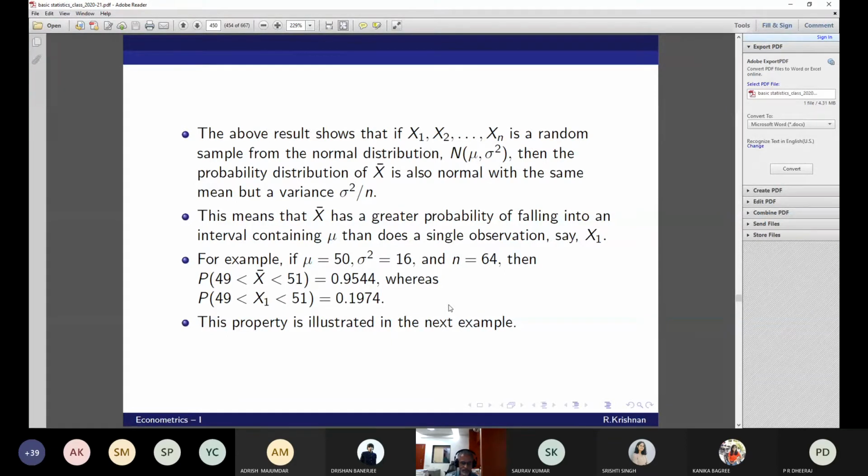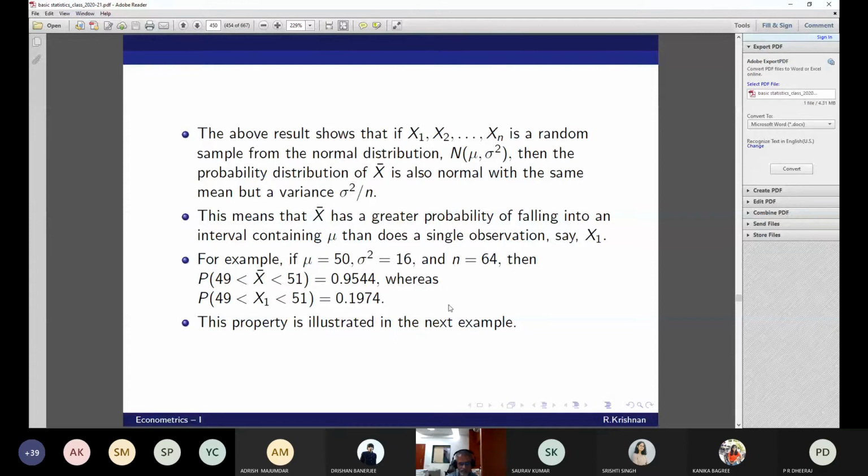Second point, if the underlying true distribution is not normal but a symmetric distribution, then you need n equal to 30. The third point, if the underlying distribution is neither symmetric nor normal, then you'll be surprised to find later on, I think I have a picture on that, you need at least n equal to 100 to use the Central Limit Theorem and say that no matter what my underlying distribution is, it will go to normal distribution.